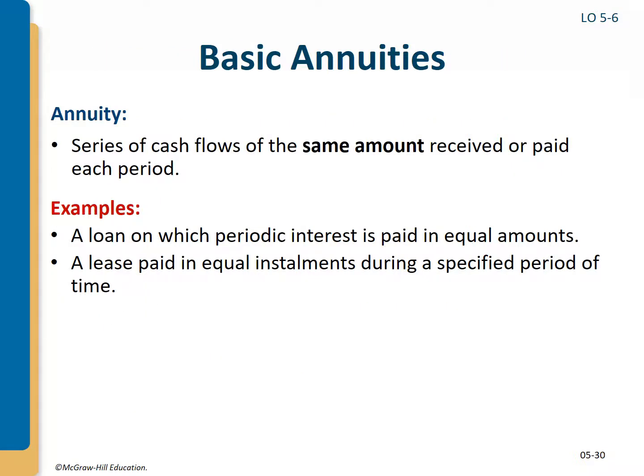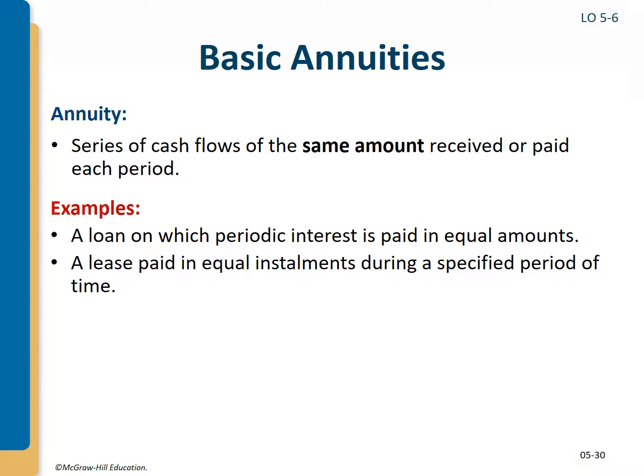In basic annuities, now this is a different type of calculation. In our prior calculations, the assumption was there was one amount at time zero, present value, and then one amount at the end, future value. So that's why we say future value of $1, present value of $1.